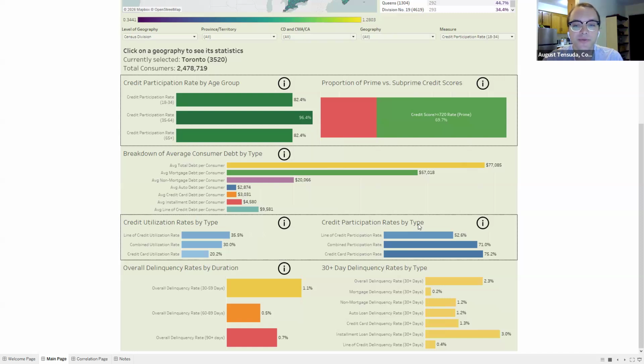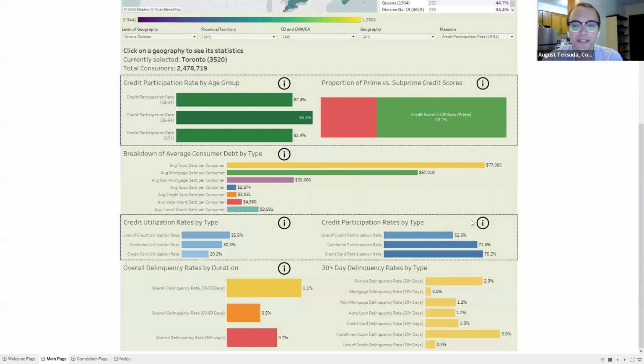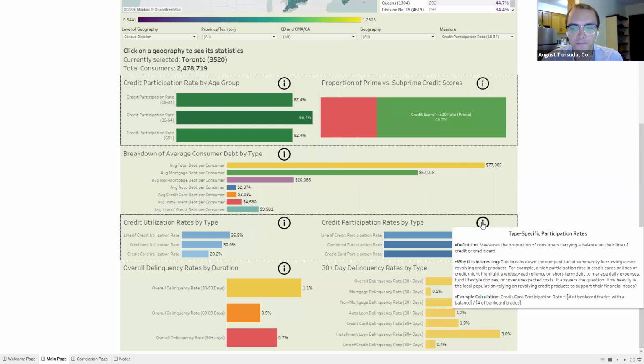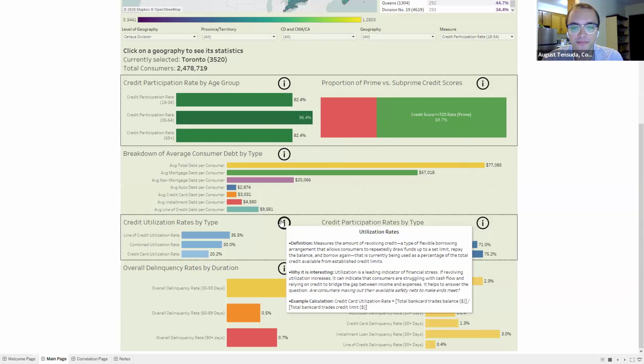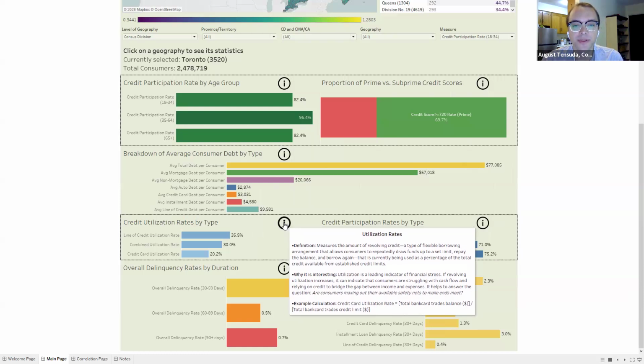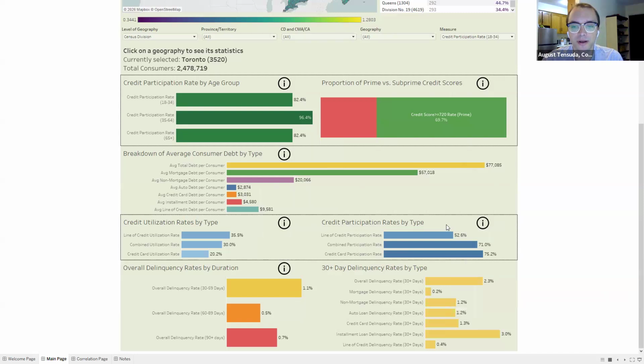And then participation rate is if they have one. If they have a balance on their bank card, then they're participating. So a little bit different there. This is the balance with the credit limit, and this is just the balance with the trades.